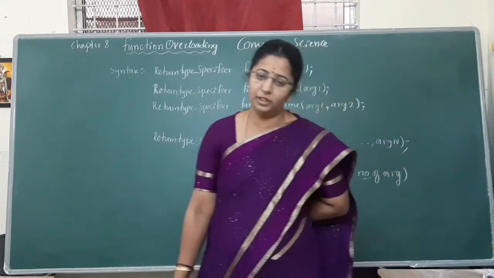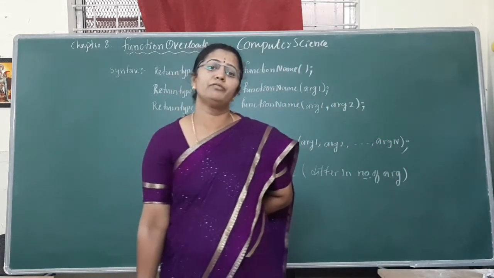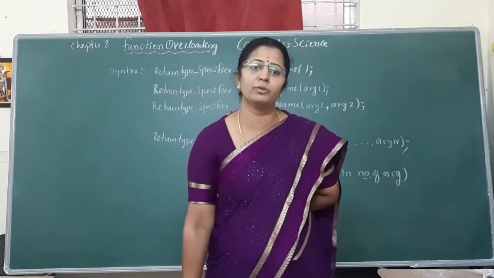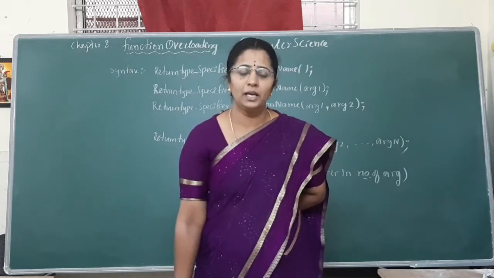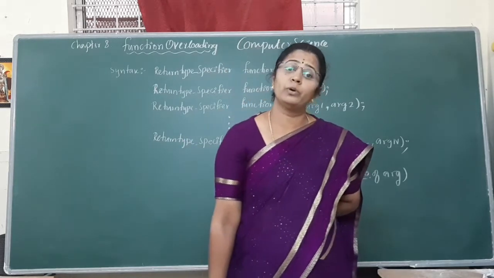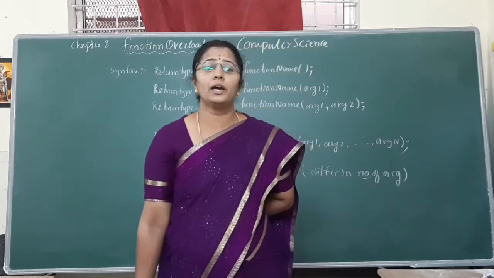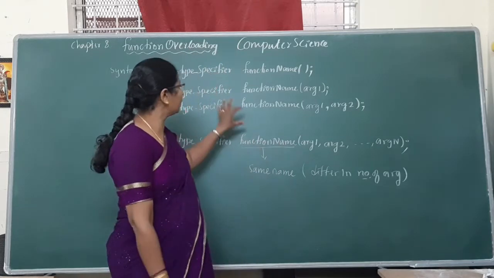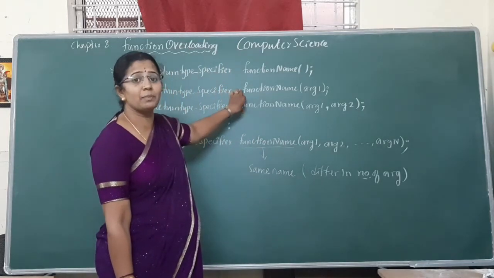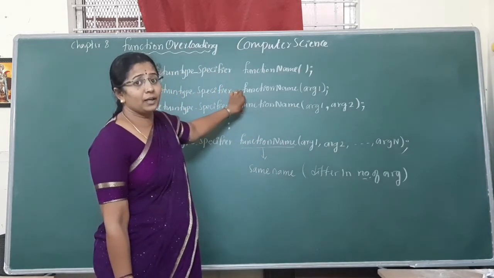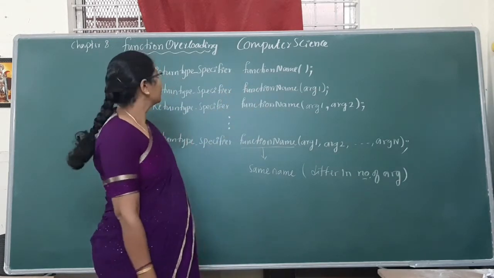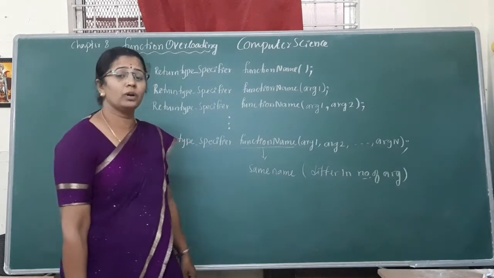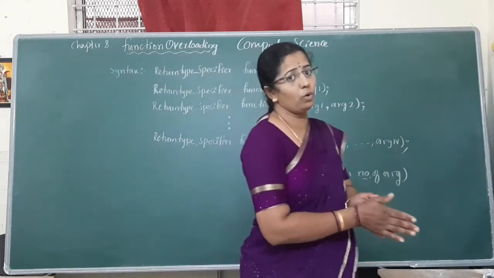A function is used to process different tasks with the same name, so that the name can be easily remembered. When your program is executed, the function to execute will be selected by the compiler. Hence it is also called runtime overloading.